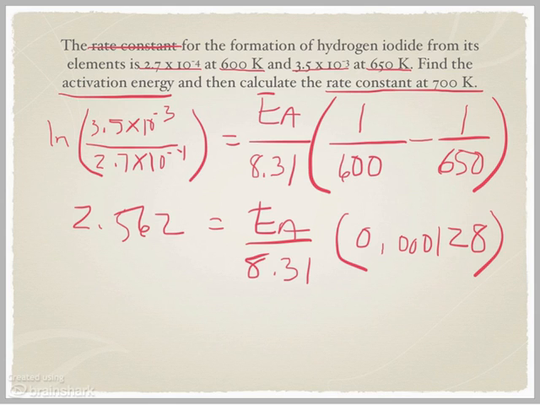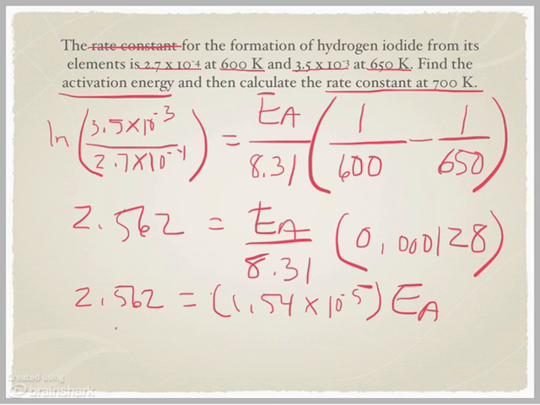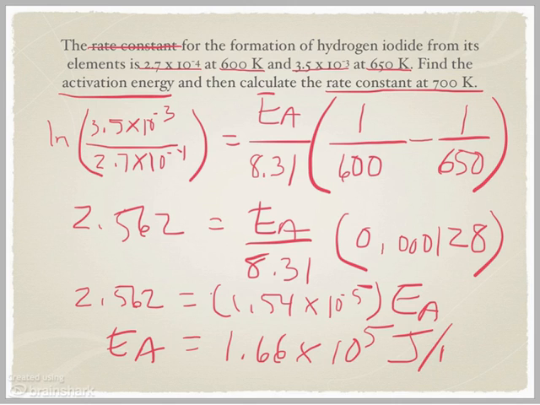Now just continue on solving for your x in this case, which gives you 2.562 equals 1.54 times 10 to the negative 5 EA. If you solve for EA, it's equal to 1.66 times 10 to the positive 5, and that's in joules per mole. So that takes care of your activation energy.